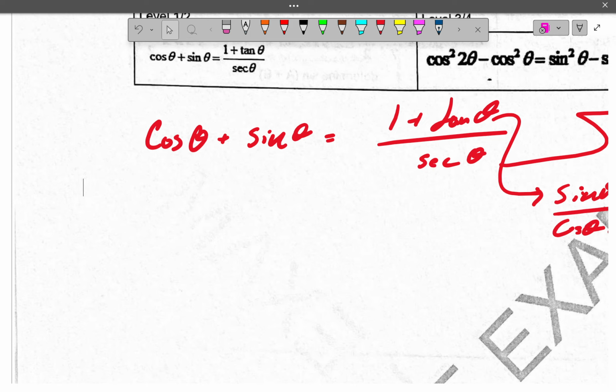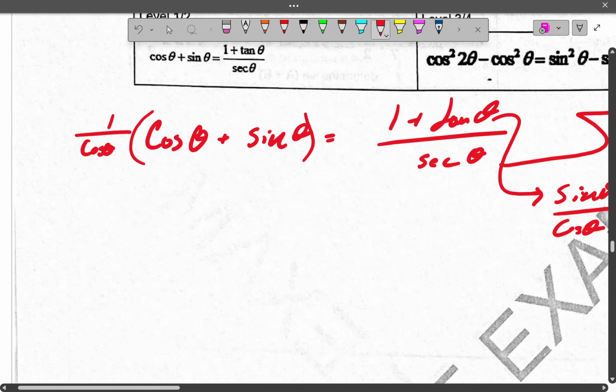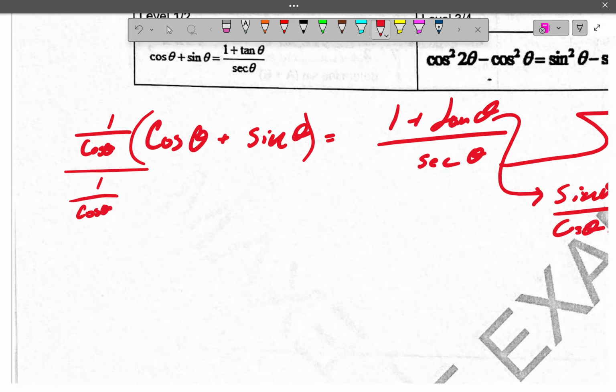In other words, I'm going to be multiplying this times 1 over cosine on the top, because this way I'll get cosine and I'll get the sine divided by cosine, and I'm going to do the same to the bottom. I'm going to divide by 1 over cosine theta. Or in other words, this is the same thing as just saying I'm going to multiply by secant theta on the top, and then secant theta on the bottom.